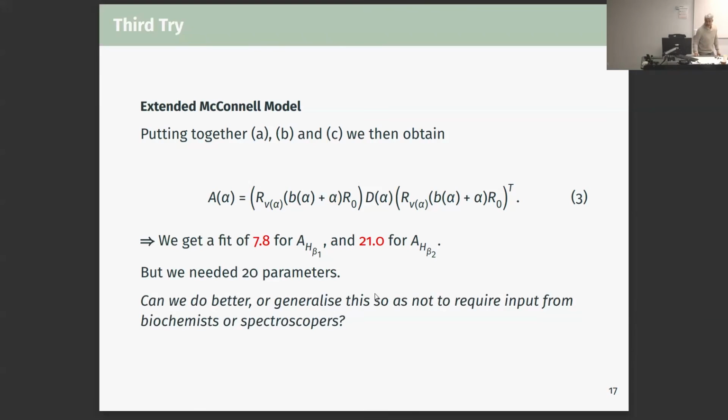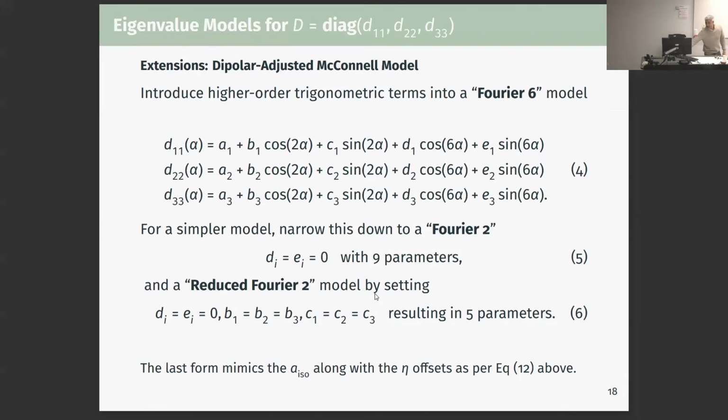And we also like to generalize this a bit so that we don't need input from specialists. So we start with the eigenvalues, and we take a general approach. We expand out to the sixth harmonic, not fully, but we leave the fourth one out, and a few extreme ones, and we concentrate on double angle and 6 times the angle.